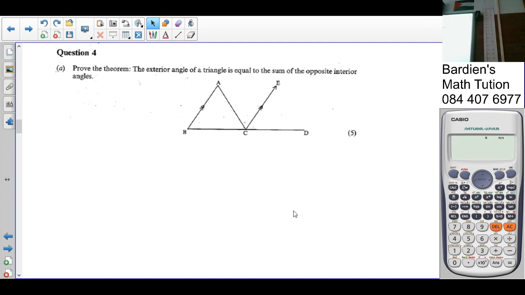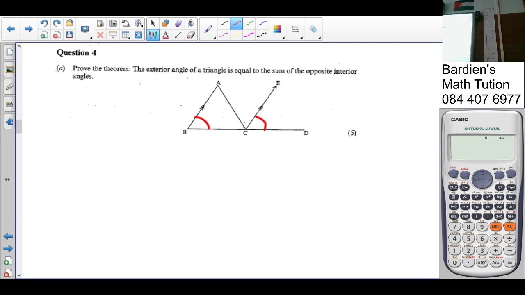Okay, so what do we notice here? AB is parallel to CE, not equal, parallel. For that being parallel, what do we know? Angle B is equal to angle ECD. Why?